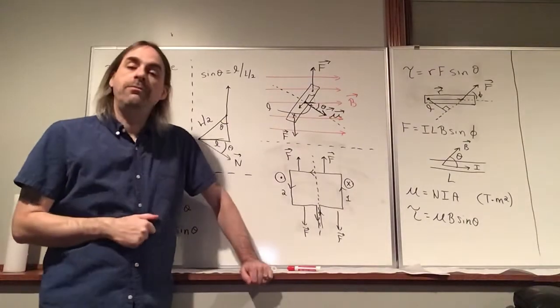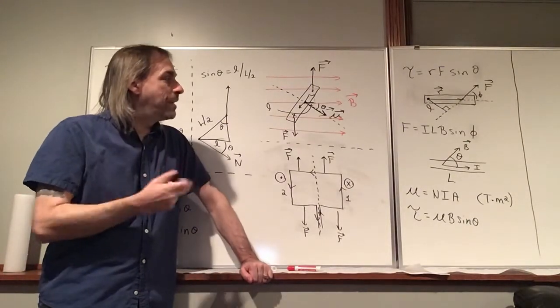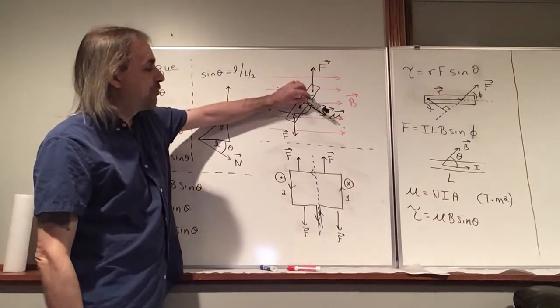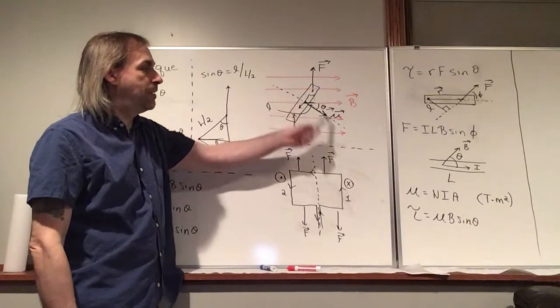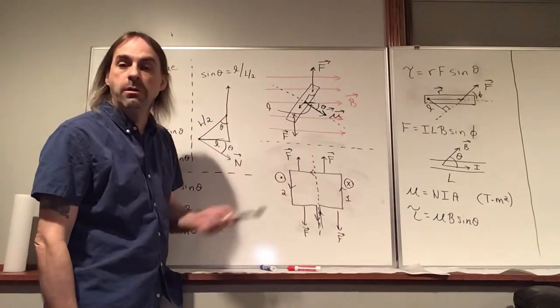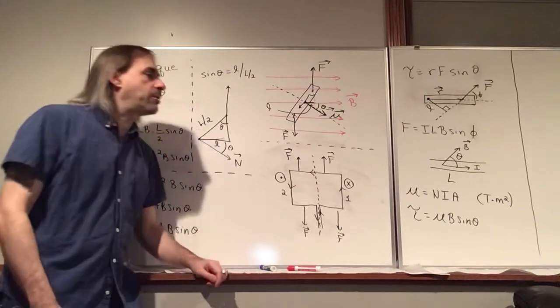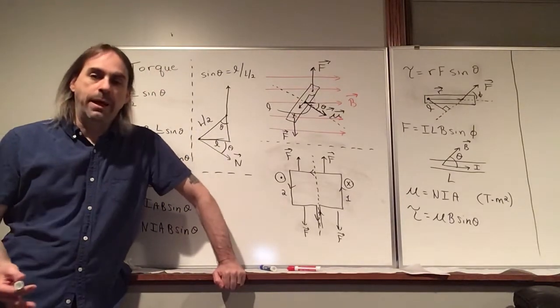Now, one issue though is there's two possible orientations for the magnetic moment. One is in this direction, one is the opposite, and it's perpendicular to the coil. So there's two directions. How do we know which one to pick? And the answer is the right-hand rule again.